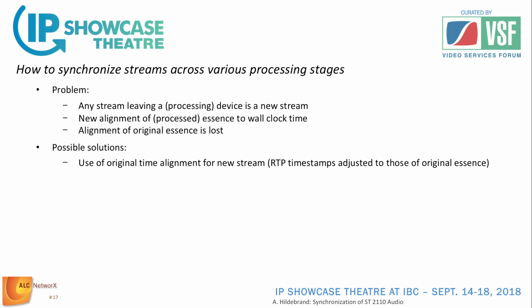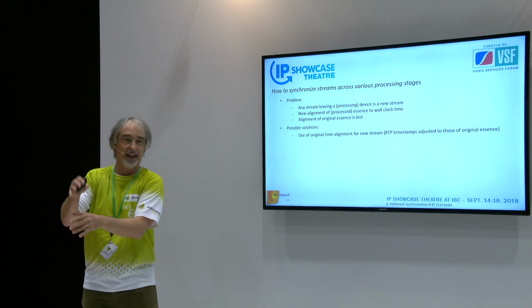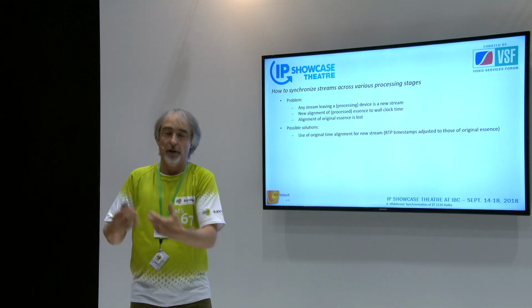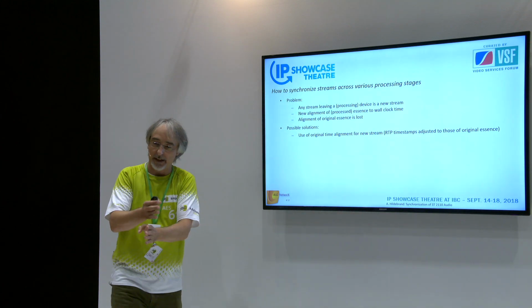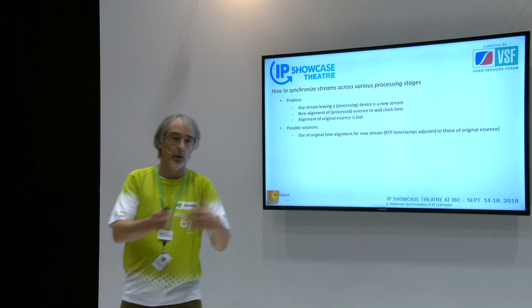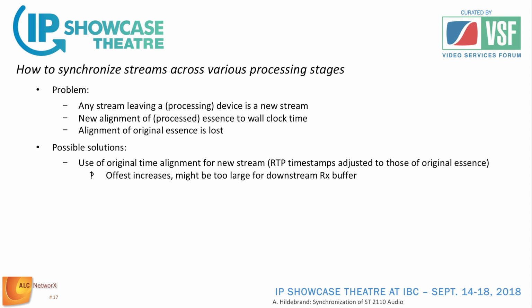It would be possible to use the original timestamp alignment in the outgoing stream. So let's say force the RTP timestamps of the processed streams to carry the timestamps of the original stream, so let this processed stream look like it was the original stream. Questions appear.